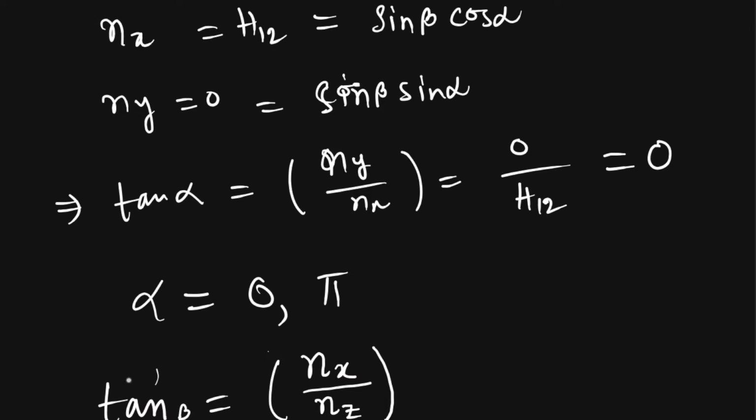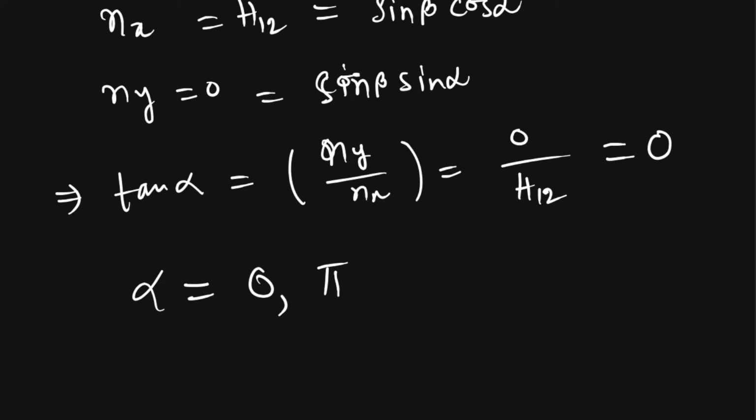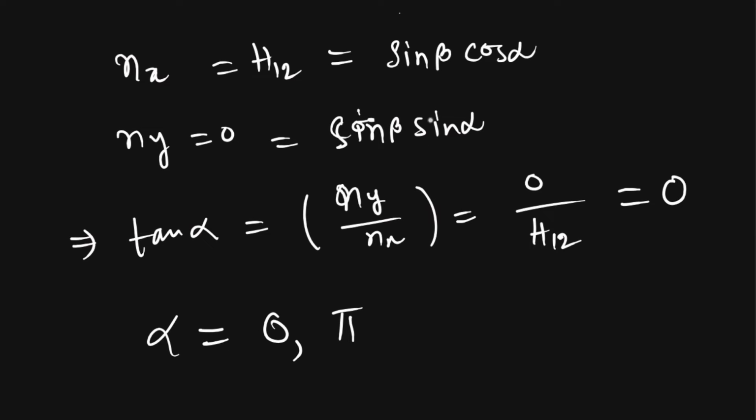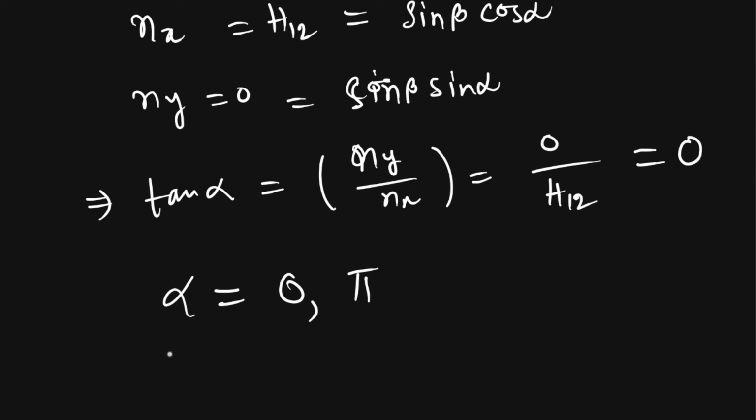Now let us calculate the value of β. Tan β will be the square root of nx squared plus ny squared, divided by nz.